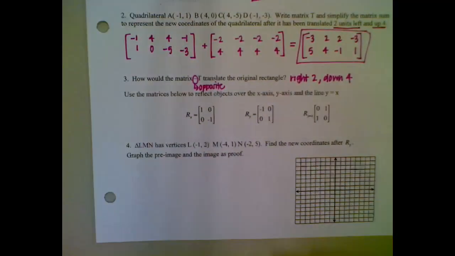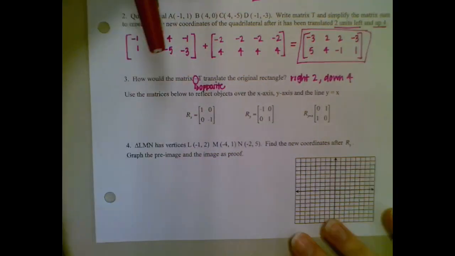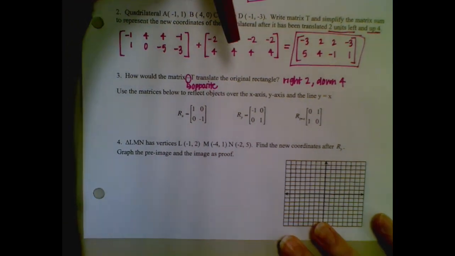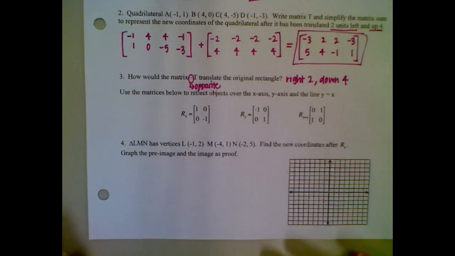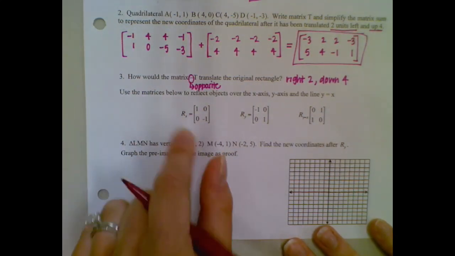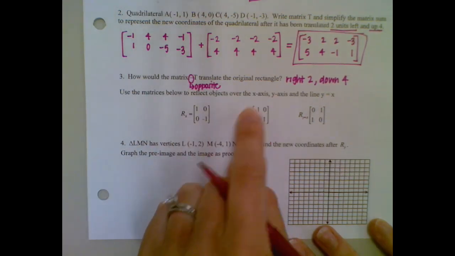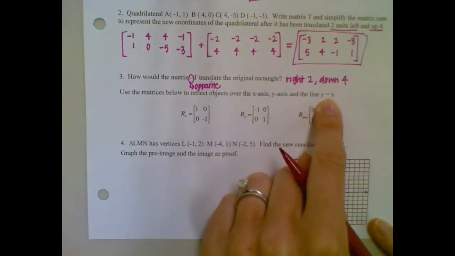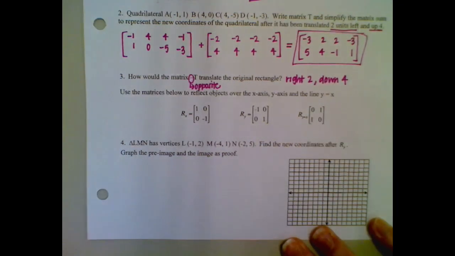Now we're going to use the matrices below to reflect objects over the x-axis, the y-axis, and the line y equals x. So this says R subscript x, so this is how you would reflect over the x-axis. This one would be over the y-axis, and this is the matrix you use if you're going to reflect over the line y equals x.